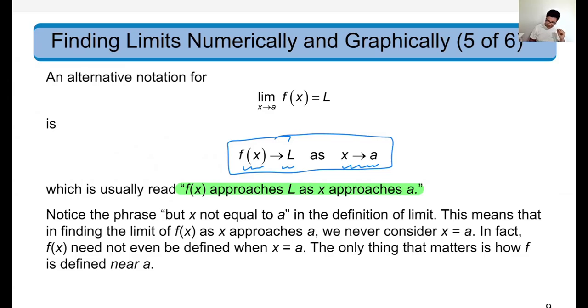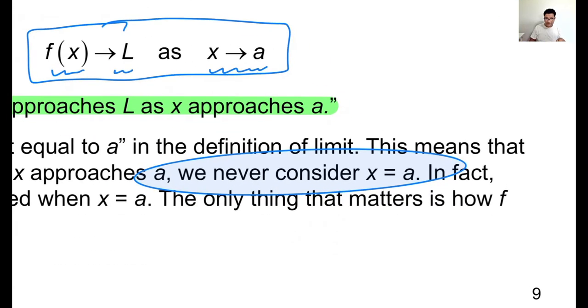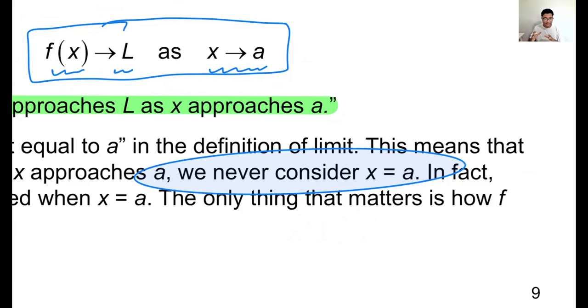A very important point is we never consider x equal to a. Focus on that. As long as you are interested in the limit, you don't bother about what happens exactly at a.